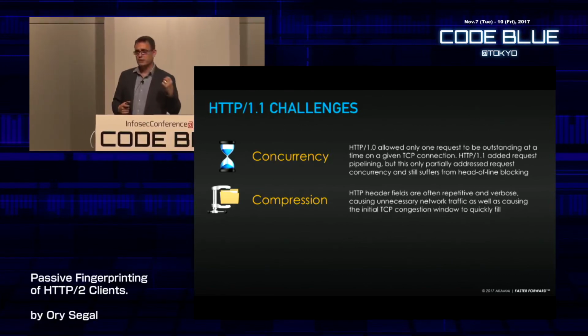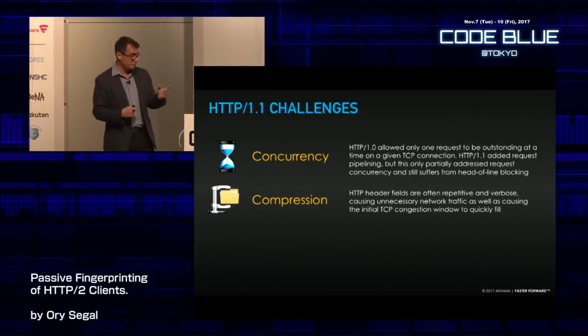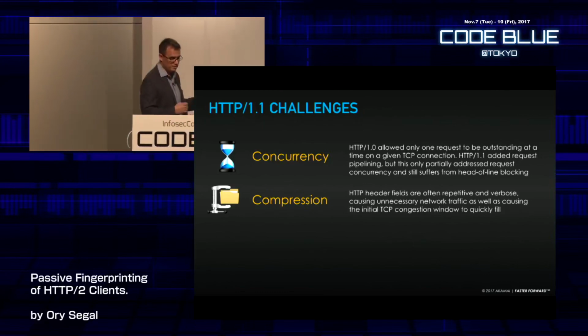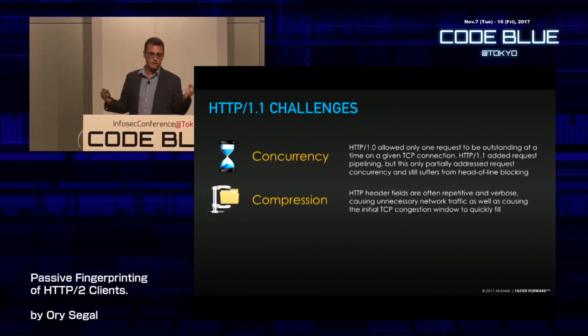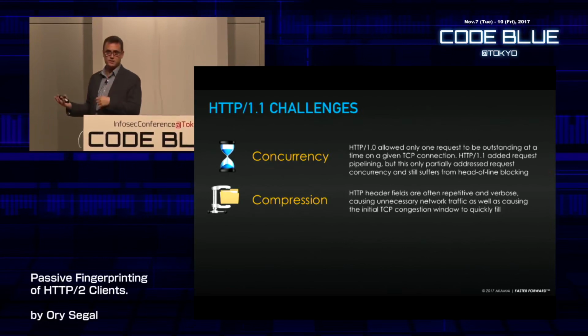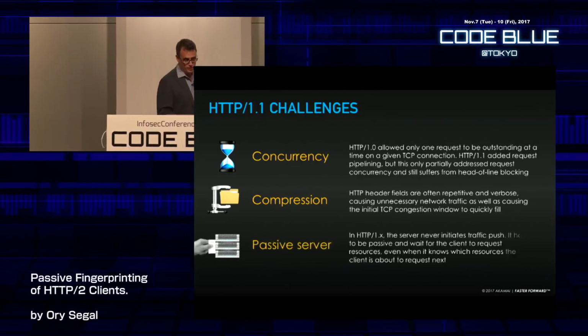There's so many different pieces of information flowing back and forth, and there's really no reason to keep stating them other than in the beginning of the session. For example, the user agent shouldn't really change. I can send it in the beginning and then forget about it. So that wasn't really handled in HTTP/1.